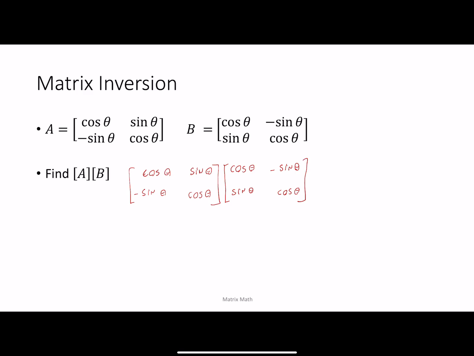And let's do this computation, right? So we take this row here and multiply by this column here and add the results together, so that will be our first entry. So this is going to be cosine squared of theta plus sine squared of theta.